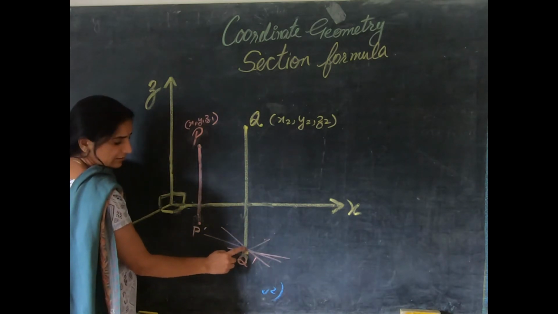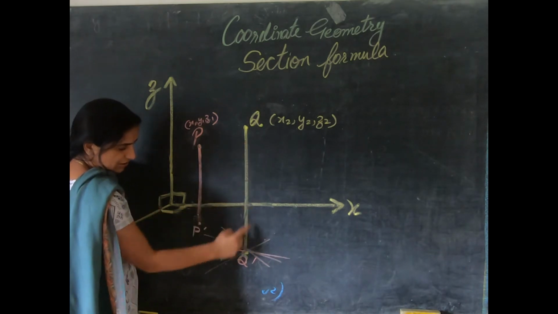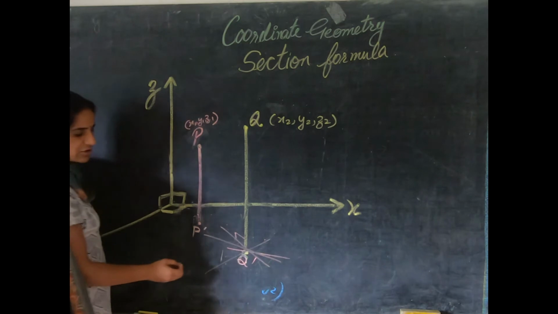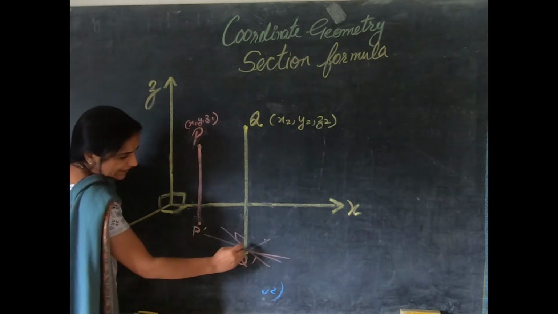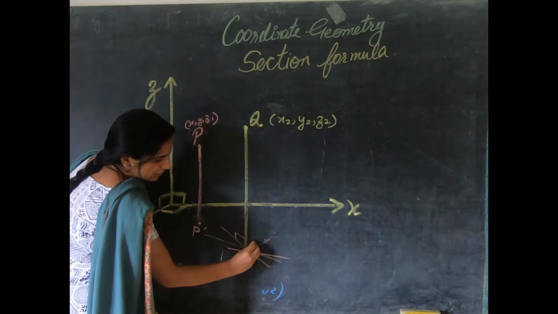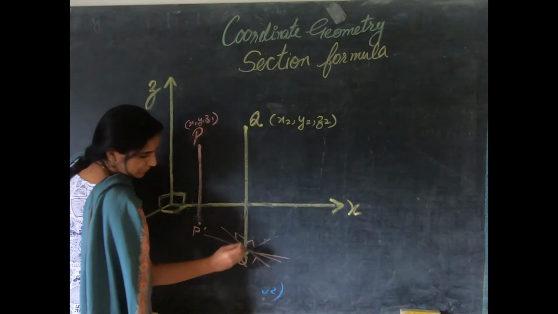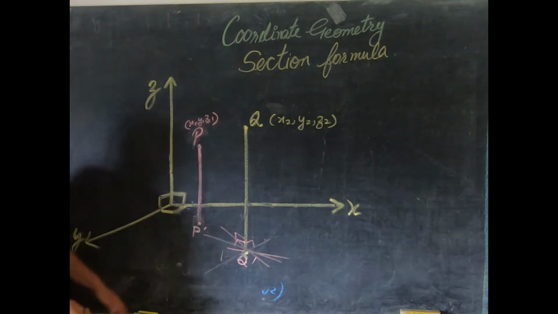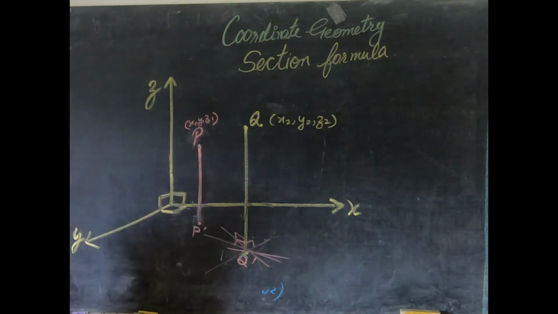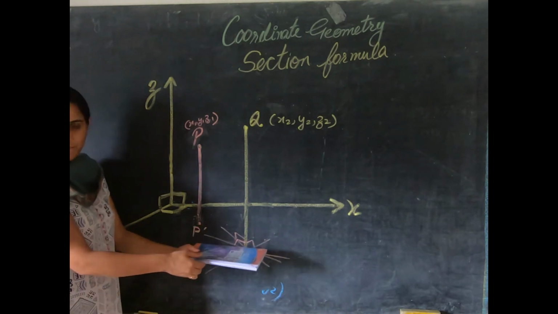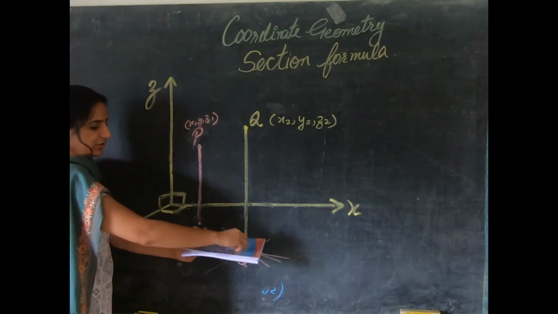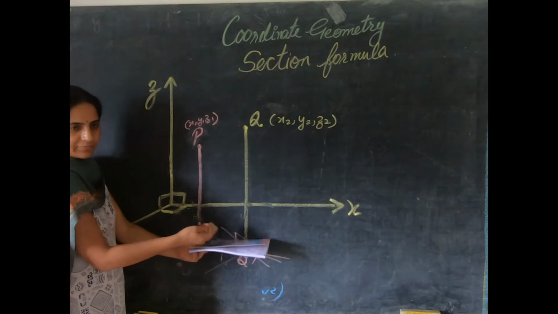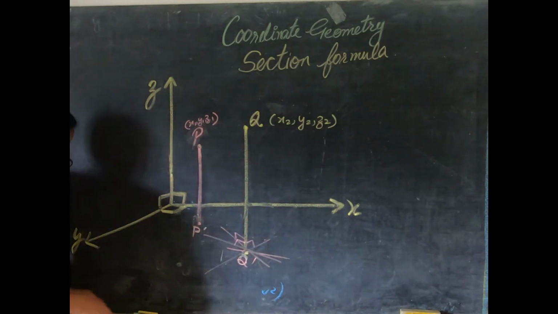So if we take this line, then this QQ dash will be perpendicular to this also. If we take this line, then this line is again going to be perpendicular to this, and this is perpendicular to this also, because all of these lines are on this plane. So this line is perpendicular to all the lines because it's perpendicular to this plane. Okay. So now we'll move ahead with the concept.